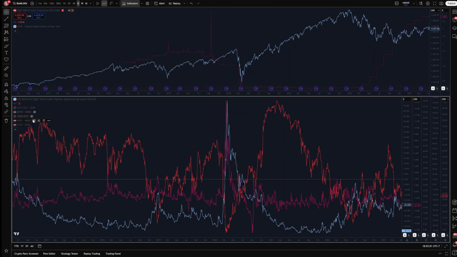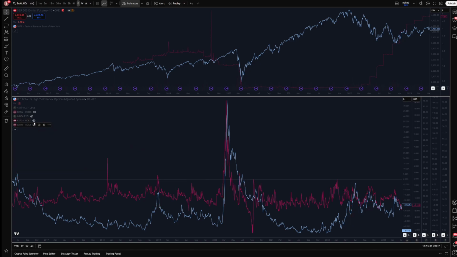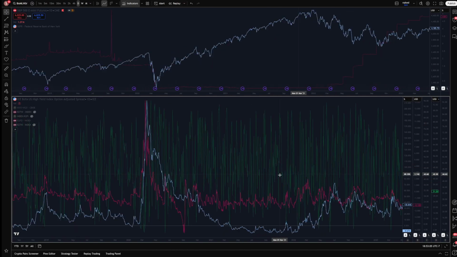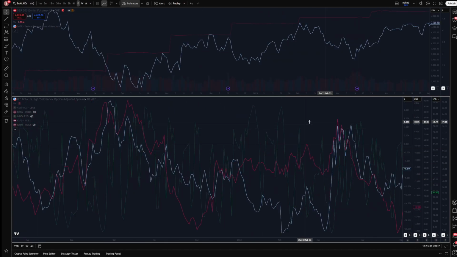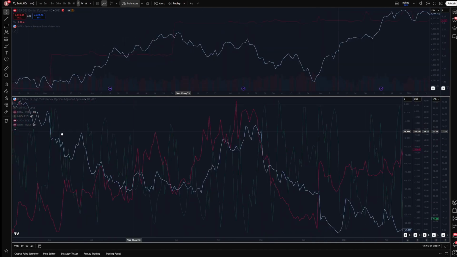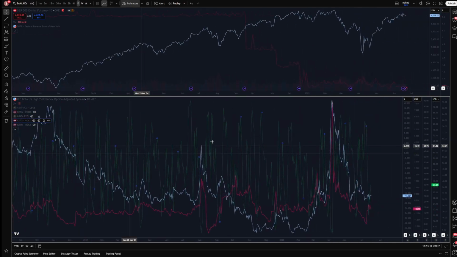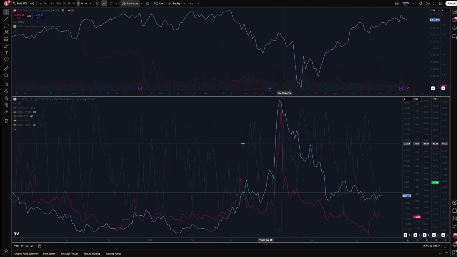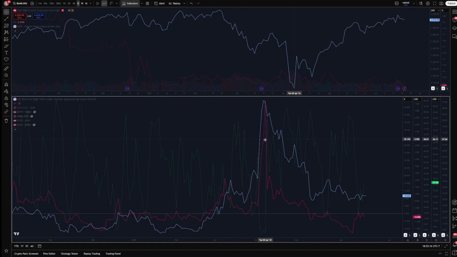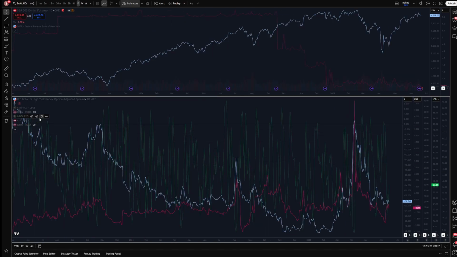COVID. Yeah, I'm not going to spend too much time on this. 20-day. This is a little more oscillating. Yeah, it's pretty clean. Or maybe that one's the 5-day. I don't know.